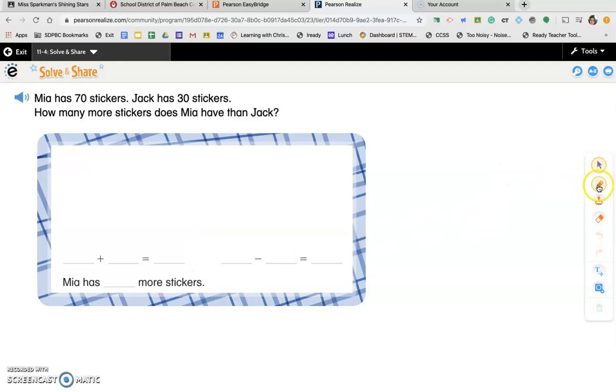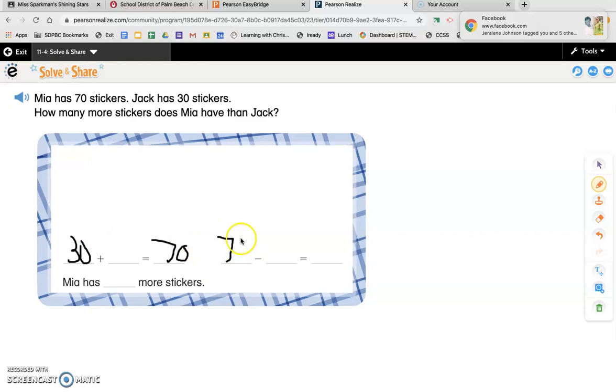So here Mia has 70 stickers. Jack has 30 stickers. To put it in our subtraction, we know we put our biggest number first. 70 minus 30. Okay, so let's use our tools.